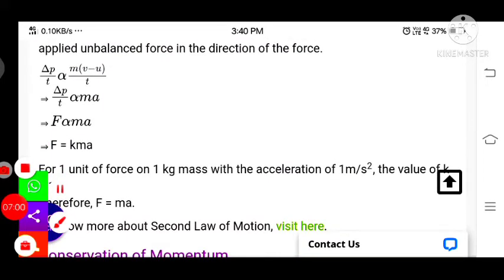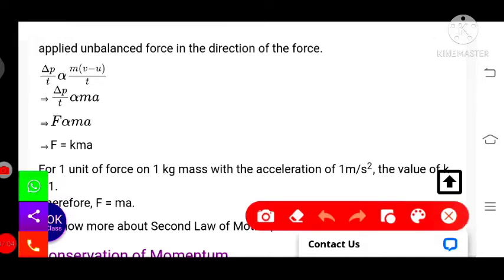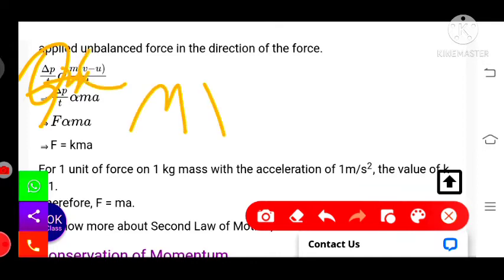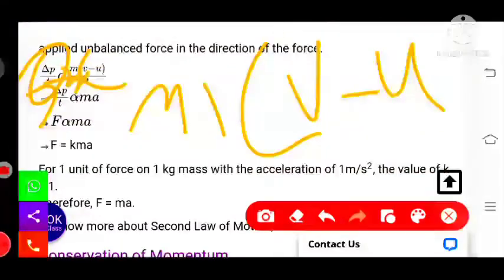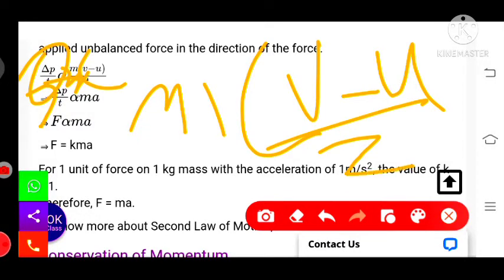So here is a simple formula. The second law of motion, the formula is: force is P by T, which is directly proportional to m(v minus u) by t.